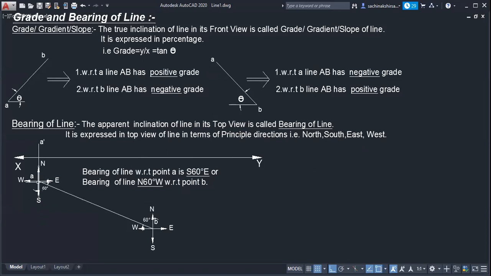Means in top view, at that particular point, it is shown something like this. One thing we have to remember: in the problems we have solved, is that beta made with horizontal or vertical? While taking the beta angle, whether we are taking it with horizontal or vertical while solving the problems. बेटा आपण हॉरिझॉन्टल शी घ्यायचो का व्हर्टिकल शी घ्यायचो?